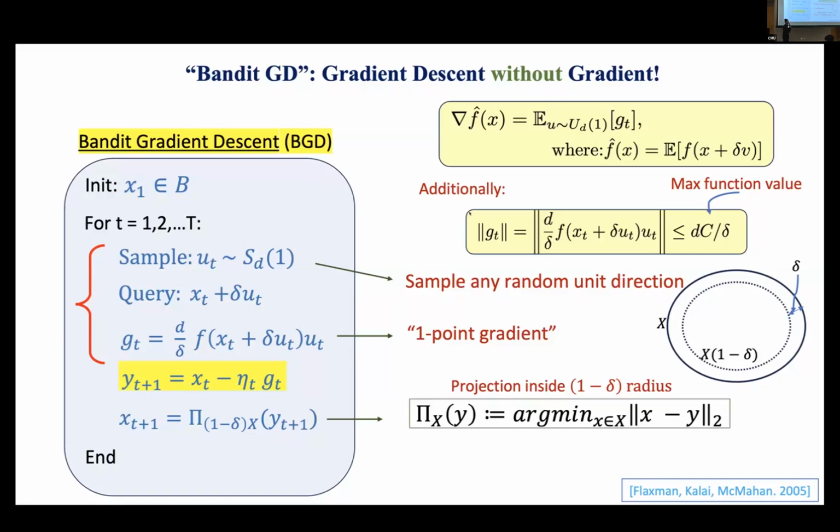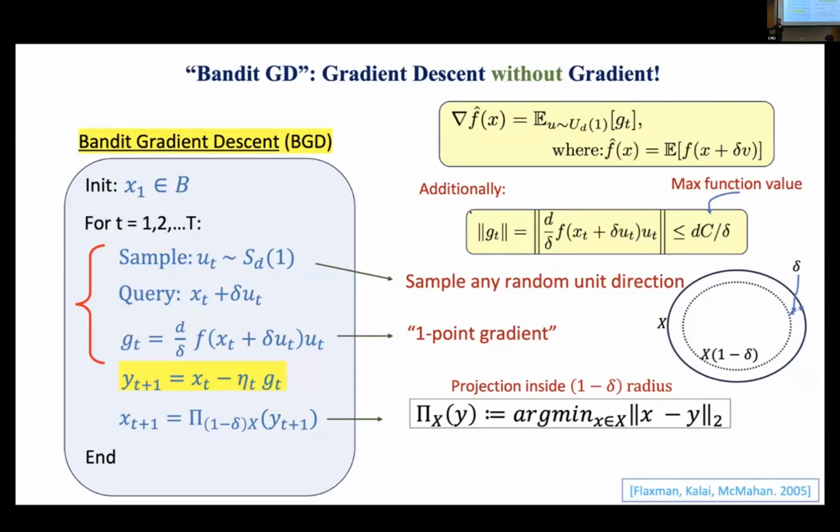But if it is something like a mobile phone prediction, like a video recommendation, then probably you can afford to do multiple samples on functions. It depends on the application. It's a trade-off between how much you can suffer on the current time step versus how well you can do at the end. Because if you can do multiple queries, you will do better at the very end. Yeah, that's a good question.